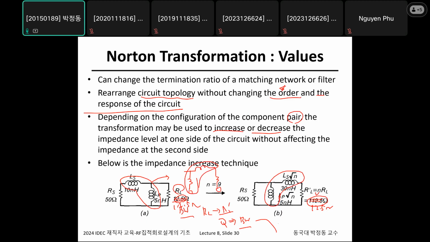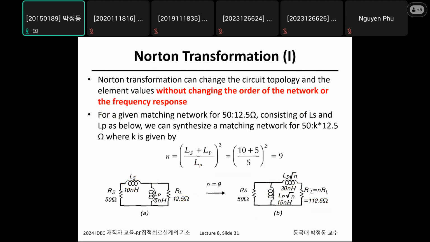Then we scale up Ls by the square root of n, and Lp by the square root of n. Here n is given by L series plus L parallel divided by L parallel. In this example, n is 9.